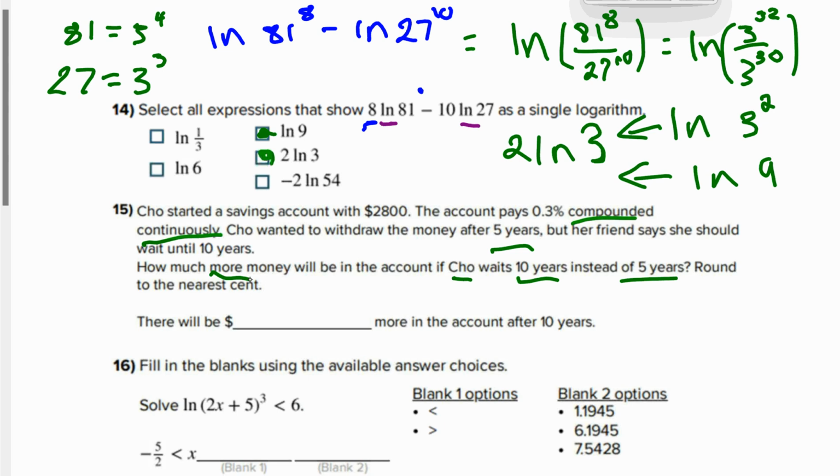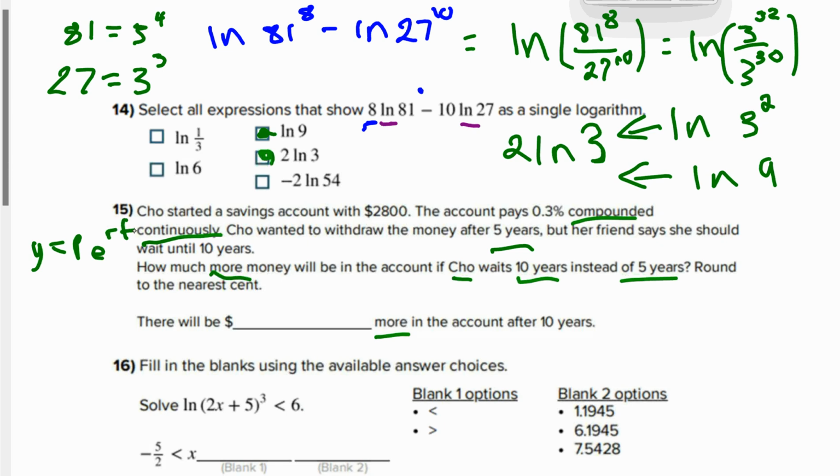There will be blank money more. So I want the difference between 10 years and 5 years, right? So I want to plug into an exponential compounded continuously interest formula, which is y equals our principal times e raised to our rate times time.